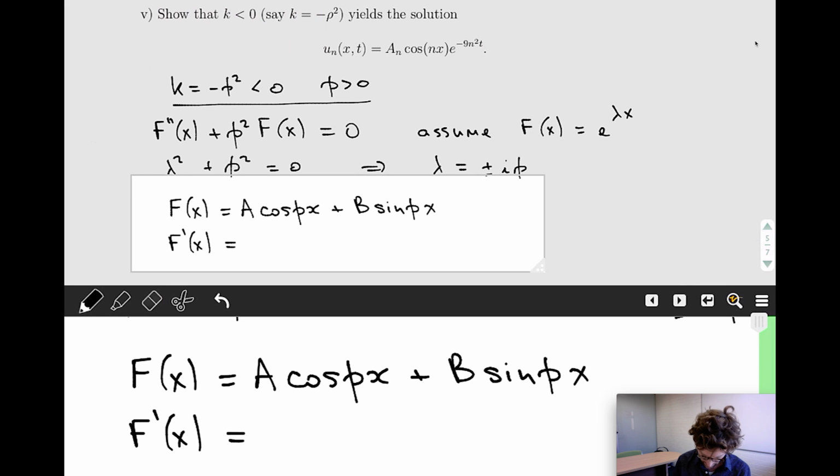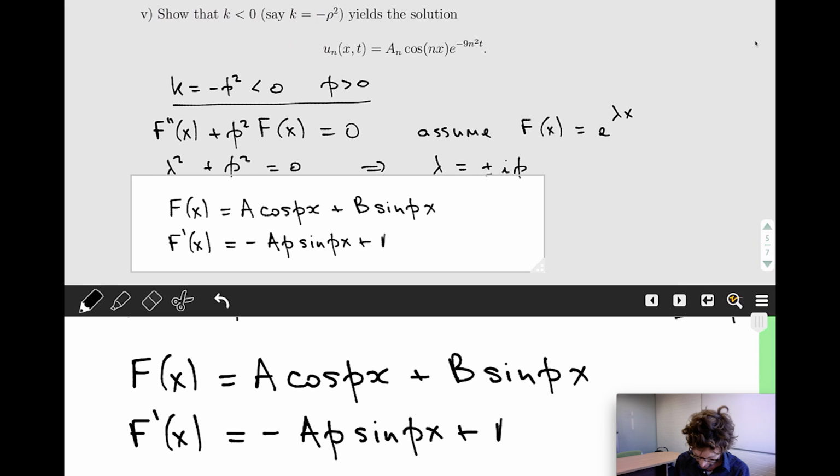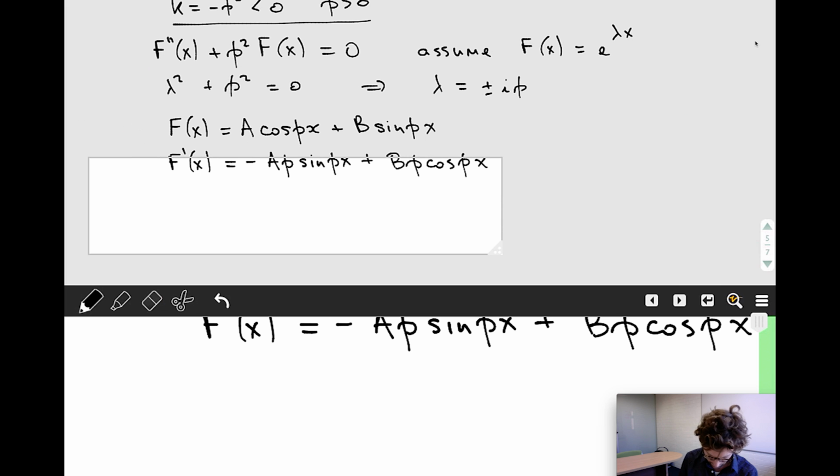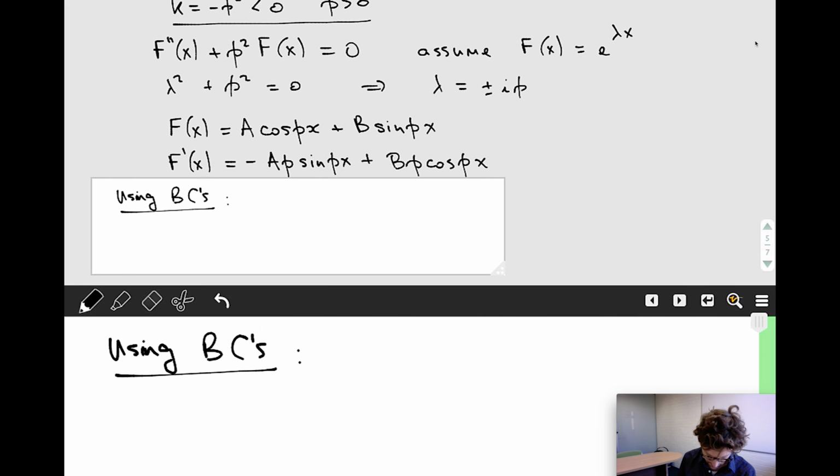So that's going to give me minus a times p sine px plus b times p cosine px. So let's use our boundary conditions. And again, these are boundary conditions on the derivative.